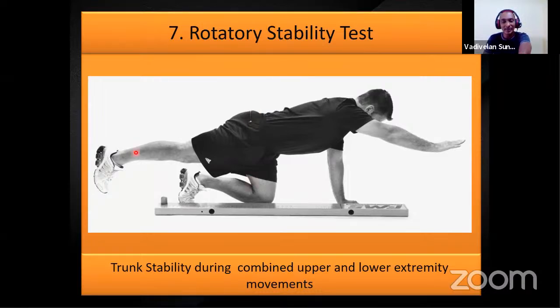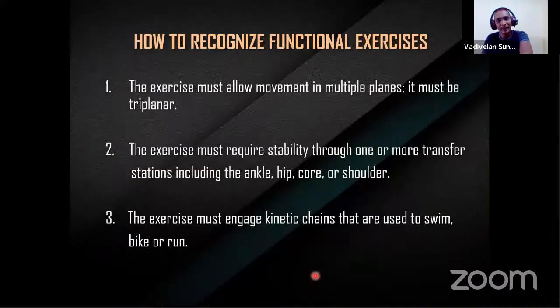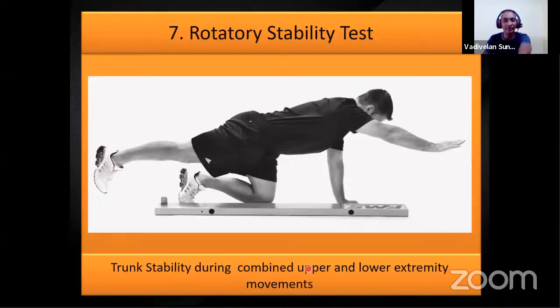The trunk needs to be on the line, and the shoulder should be on the line. So this tests your trunk stability during a combined action of your upper and lower extremity movement. Okay, so these are all about the screening. Before proceeding with functional training, these 7 screening tests should be taken for the athlete.